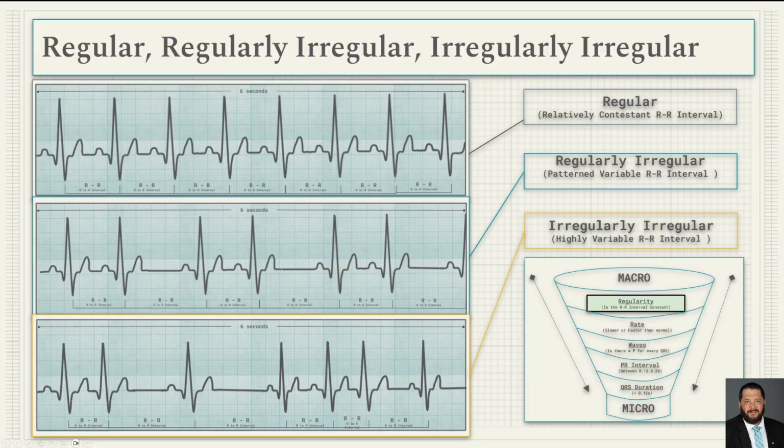First of all, let's talk about regularity. For regularity, we can look at the R to R interval. We can find the peak of each R wave on the strip and measure each R to R interval to see if it's relatively consistent. Remembering that the human body doesn't understand biology or abide by all of the rules of biology, you may have some subtle variations in your R to R interval.